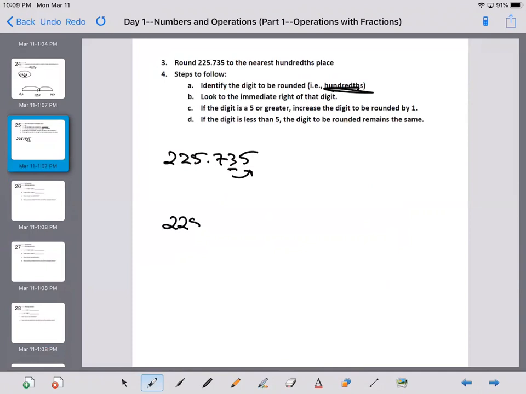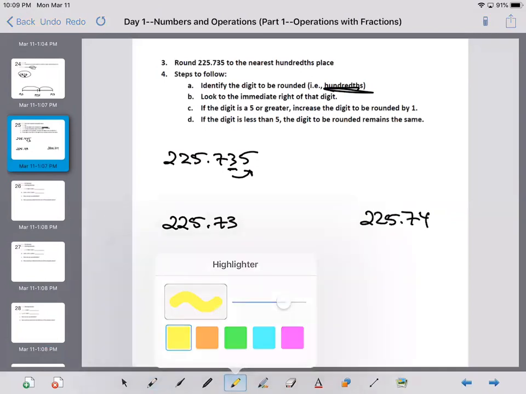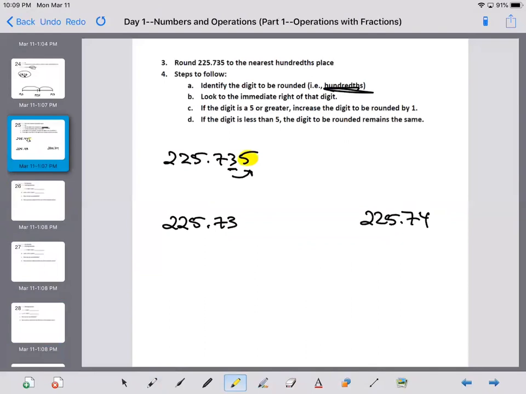So I have 225, and is it going to be closer to 7300s or 225 and 7400s? Well, this value right here to the right is going to tell you that you're going to round it up. So those are some of your rules. If the digit to the immediate right is 5 or greater, then you know you're going to round it up to the next place value. If the digit is less than 5, then we'll round it down.